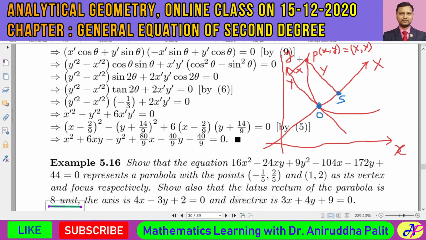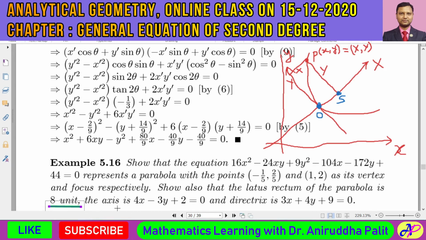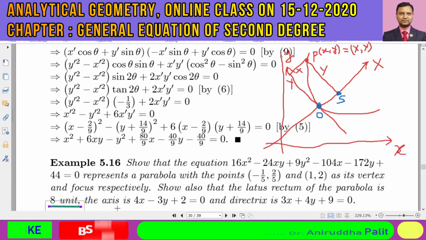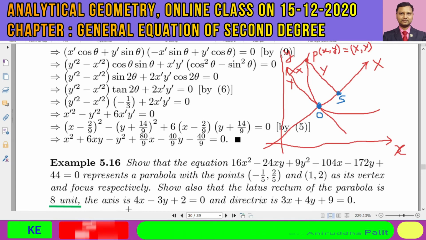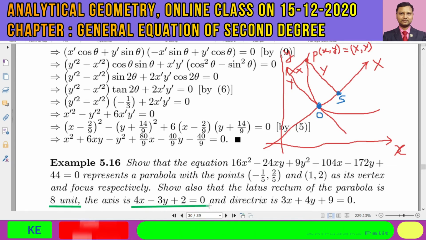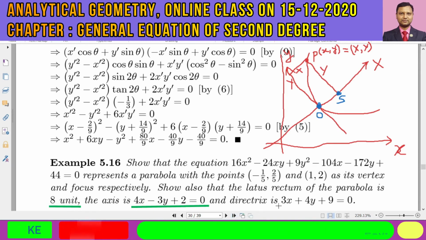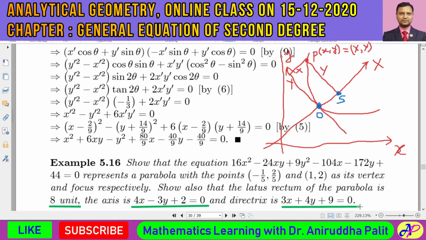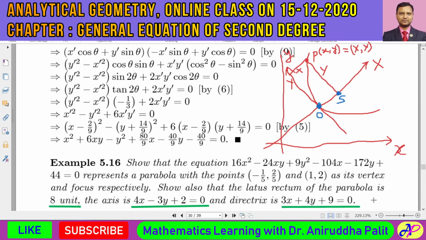This distance PS is half of the length of the latus rectum, and the total length of the latus rectum is equal to 8 units. We need to show this result. And we need to show that the axis is this straight line, and the directrix, which I have shown in the previous example, is 3x plus 4y plus 9 equal to 0.